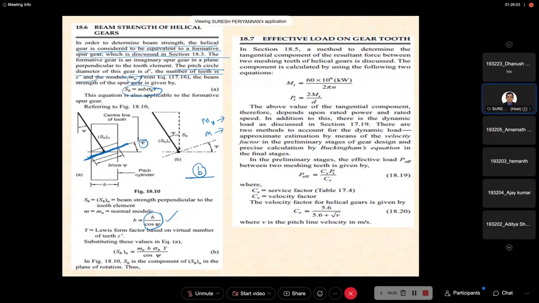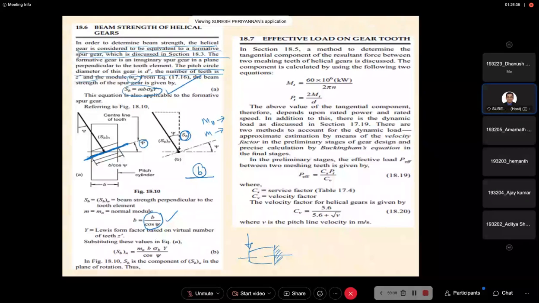Now whatever we discussed earlier, this formula, just see here. This is our earlier formula. We considered the beam strength this way, because earlier the teeth were parallel to the axis of the shaft.